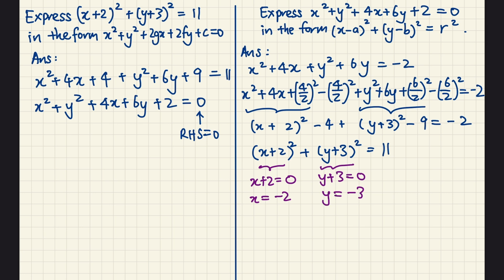Therefore the center of the circle is (-2, -3), and this is actually r squared, so r equals the square root of 11. Of course, you can evaluate that, and we ignore the negative square root of 11 because the radius has to be positive.